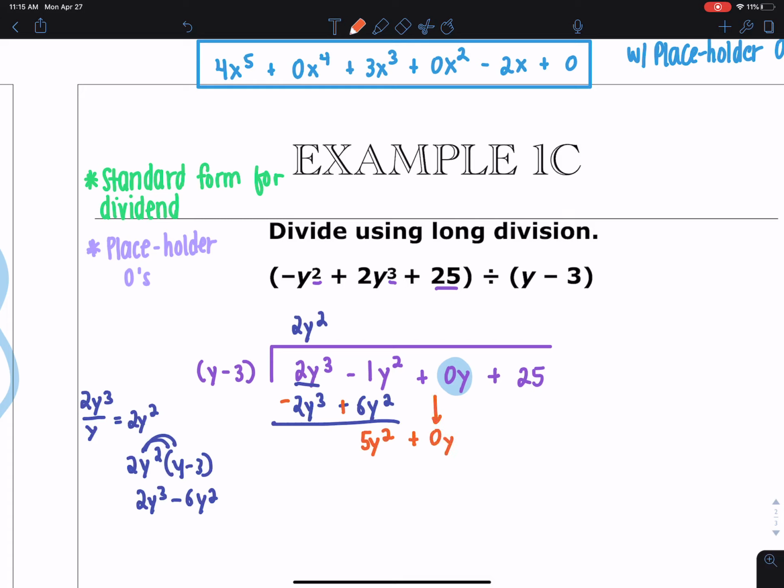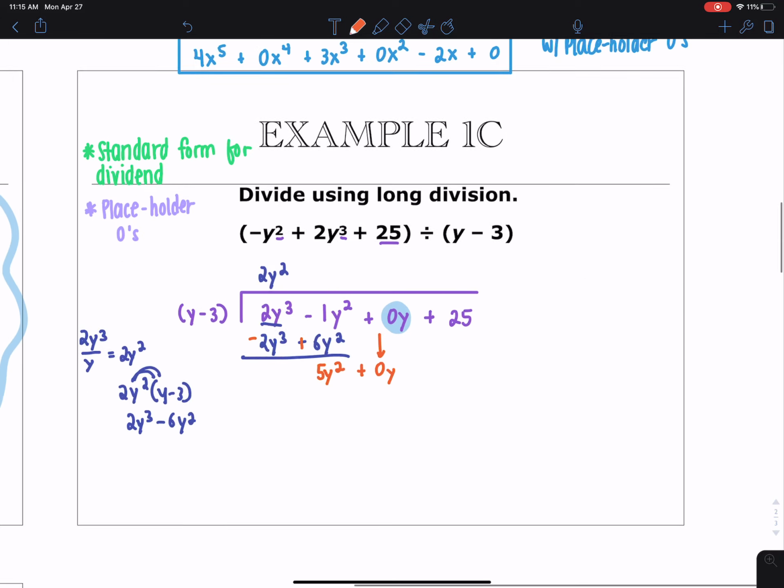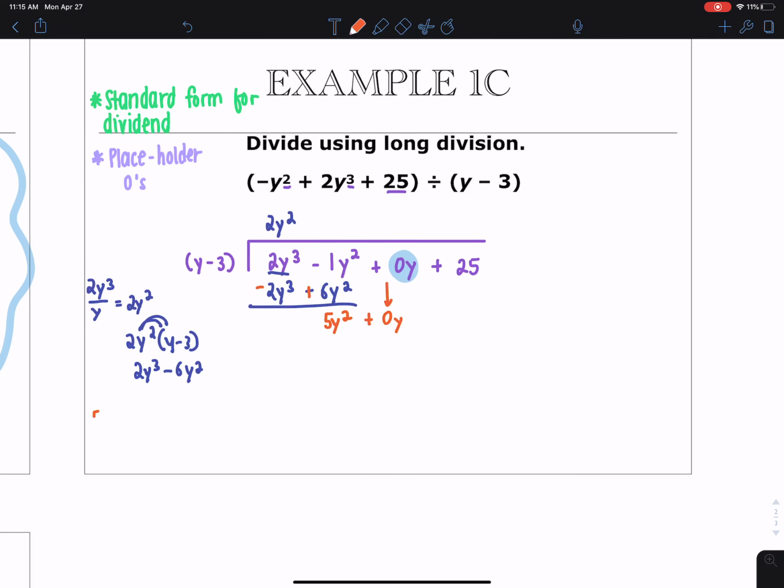And we bring down only our next term. So now we're going to take 5y squared and divide by the first term of our divisor, which is y. And that gives us 5y.